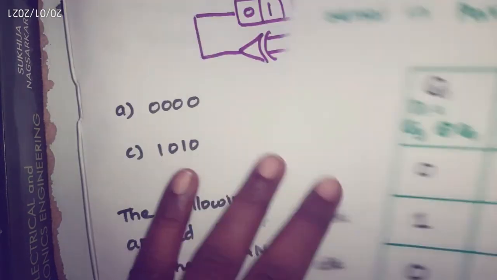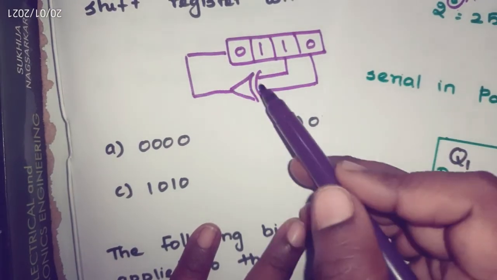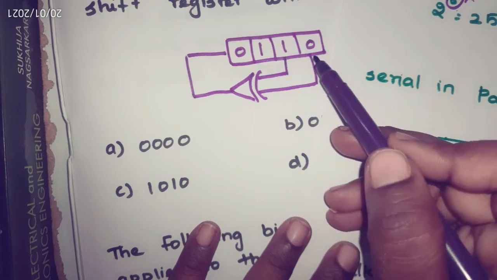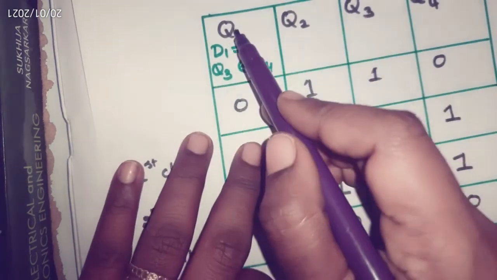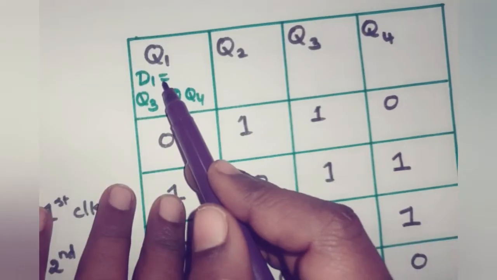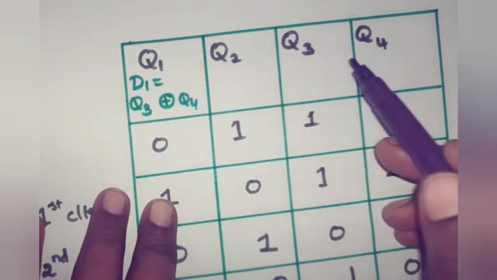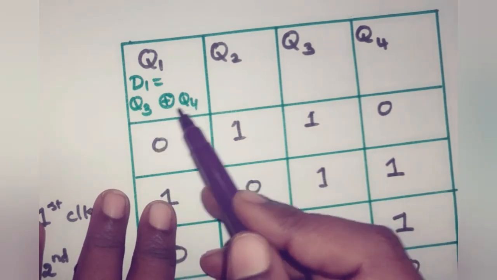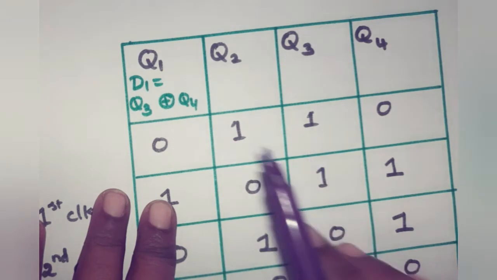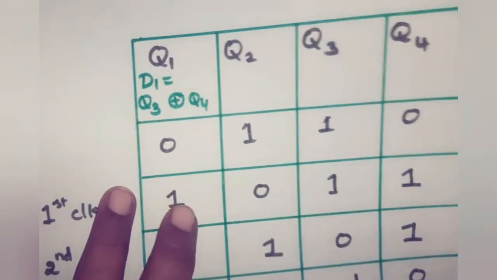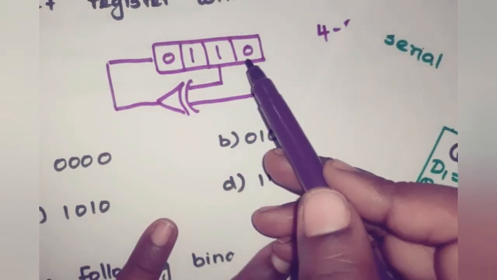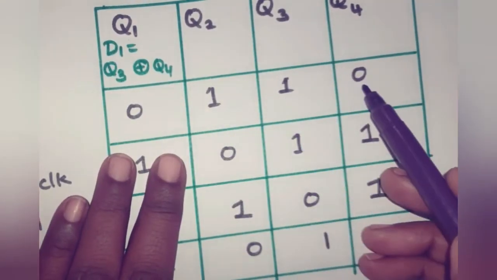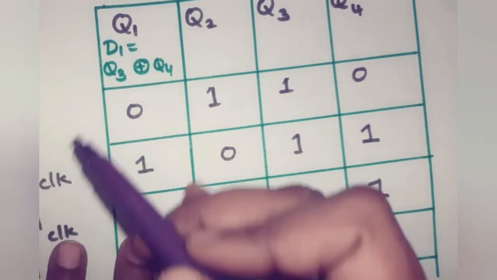And in the first flip-flop, the input is equal to the exclusive NOR of the outputs of the third and fourth flip-flops. So here the input D1 is equal to Q3 exclusive NOR Q4, which is given as the input to this first flip-flop. The initial condition of the flip-flops is 0, 1, 1, 0, which is given in the problem. So this is the initial condition.